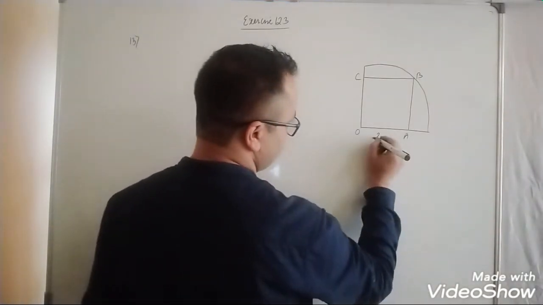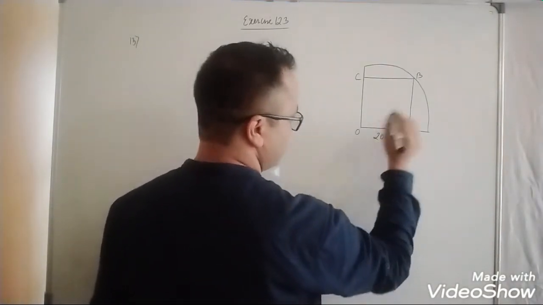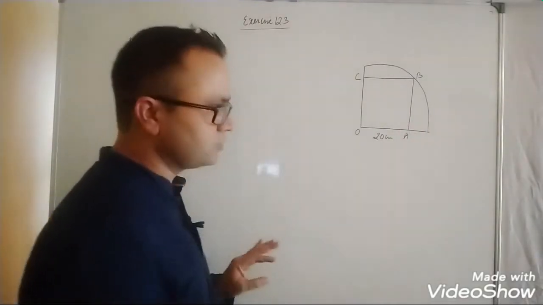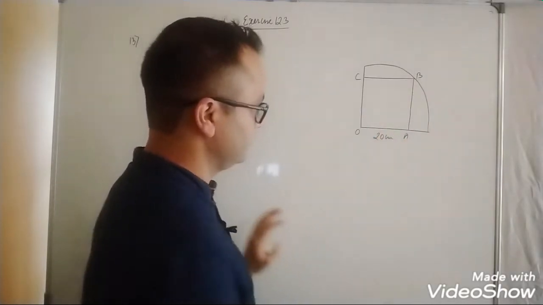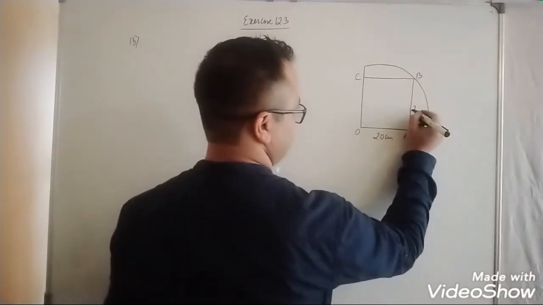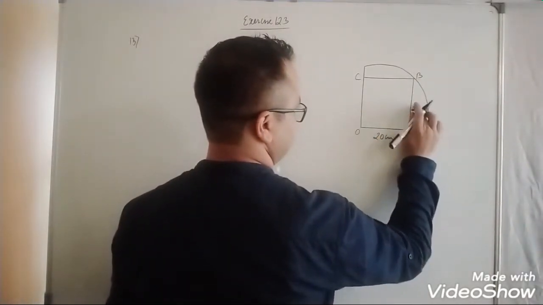OA equals 20 centimeter. In a square all the sides are equal, so this is also 20 centimeter, and this is also 20 centimeter.